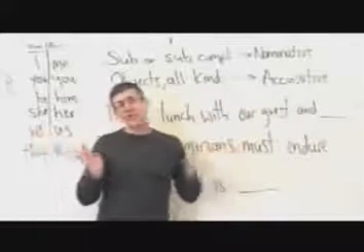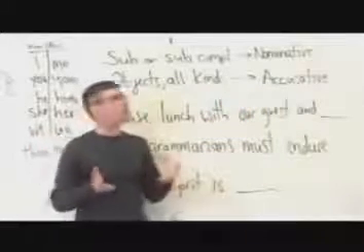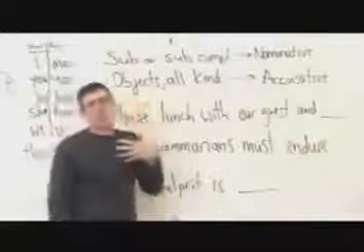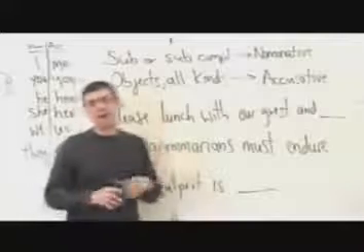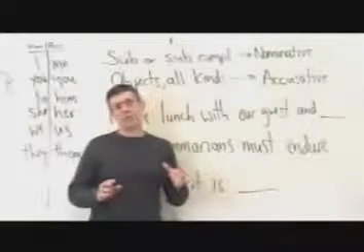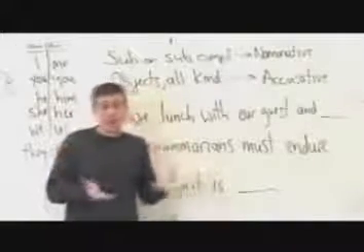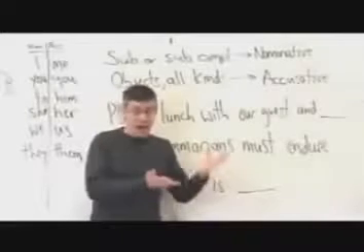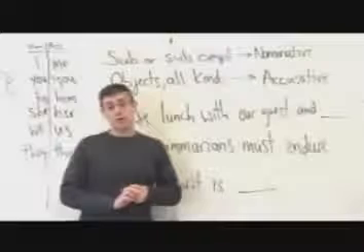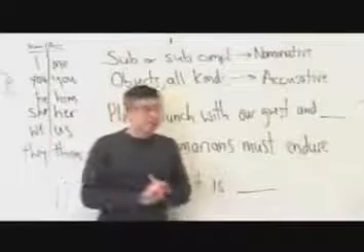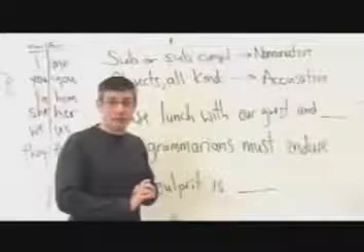And that's it. Now the problem is, of course, most people wouldn't know an object of a preposition or a subjective complement if it came up and said boo to them. So the problem is that you need to know these other concepts in order to figure out which case your pronoun should be in. So let's just look at a couple of examples.